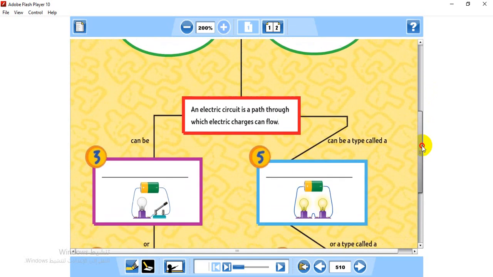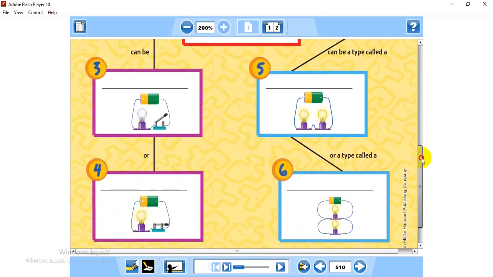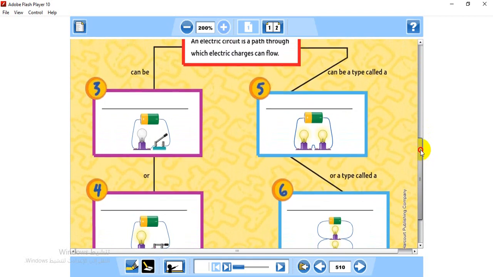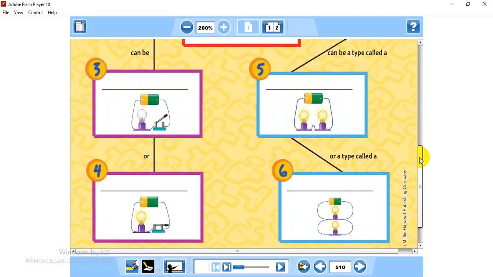Okay, number 3. Now they give you so many examples of circuits here, and they're asking you about the type of each one. Okay, let's start with number 3. I know some of you will tell me that it's series.